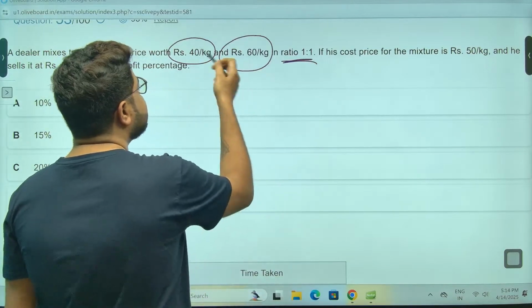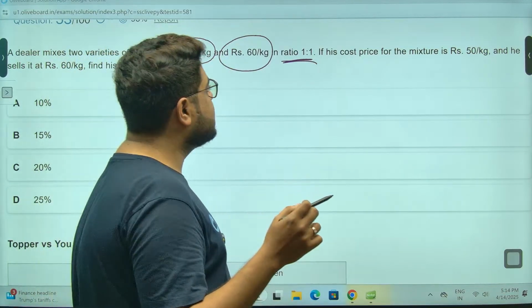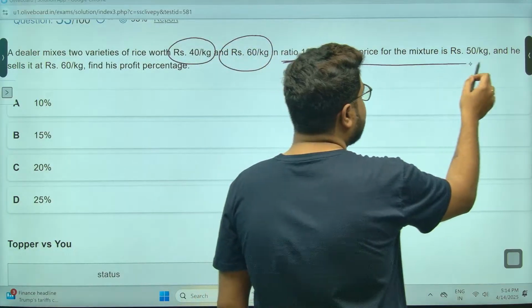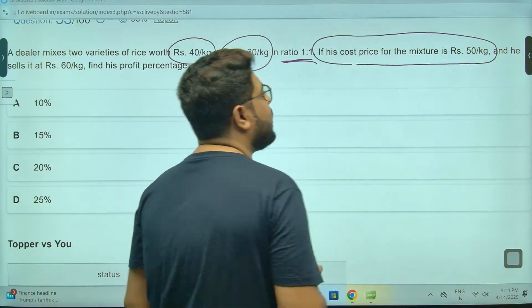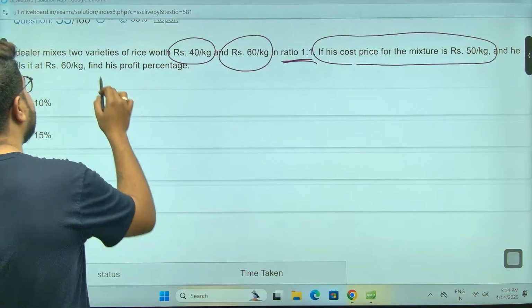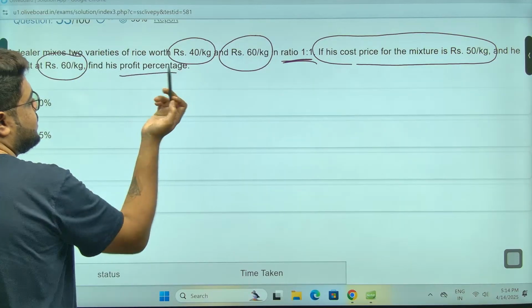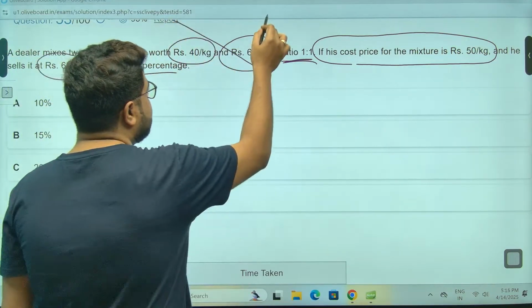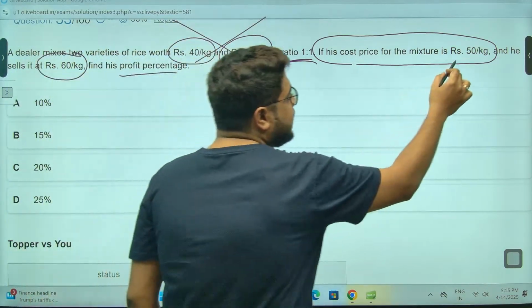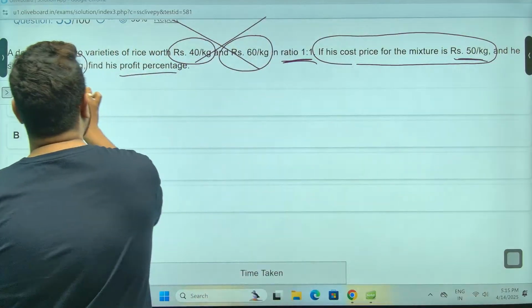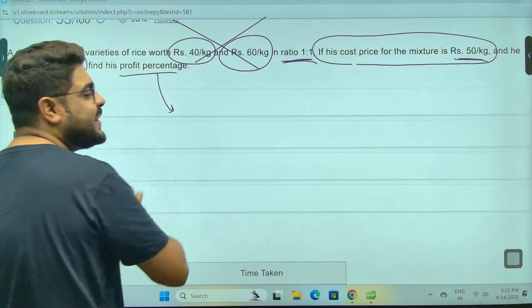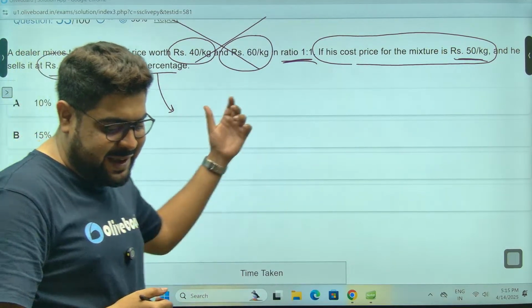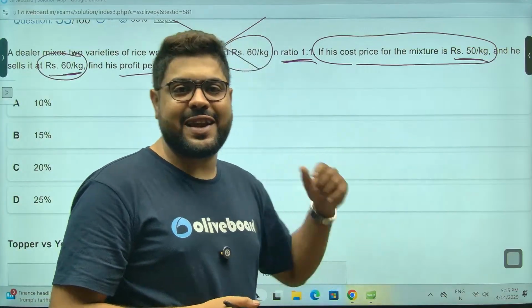So cost price will be 60 plus 40 by 2, 50 rupees. Cost price is given, he sells it at this profit. CP is given, SP is given, they are asking profit percentage.